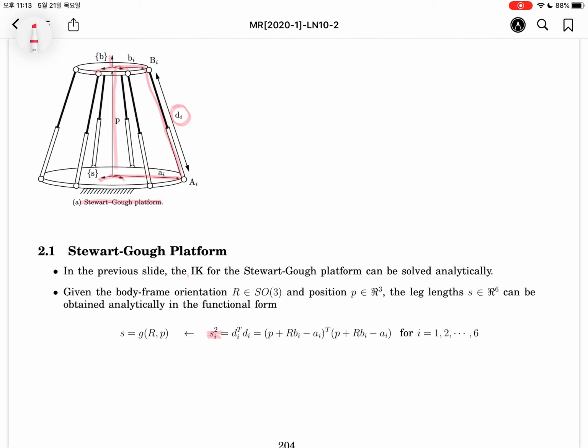In the previous slide, the inverse kinematics for the Stewart platform was obtained easily. For a given body frame orientation R and position p, as mentioned before, both provide 6 independent pieces of information.